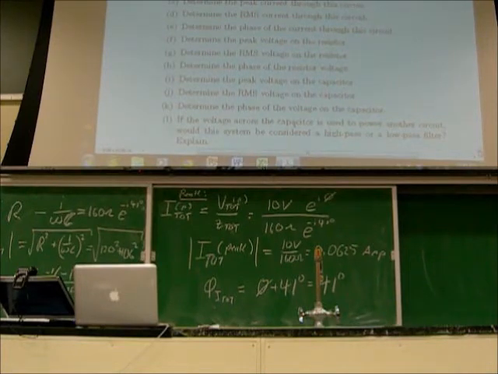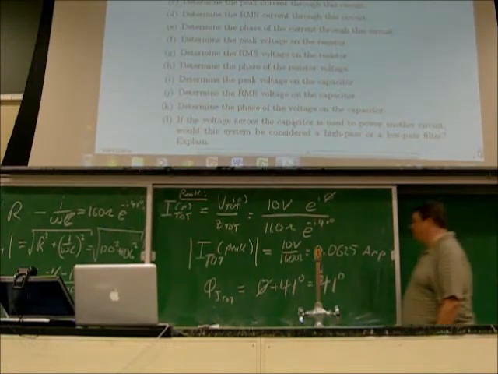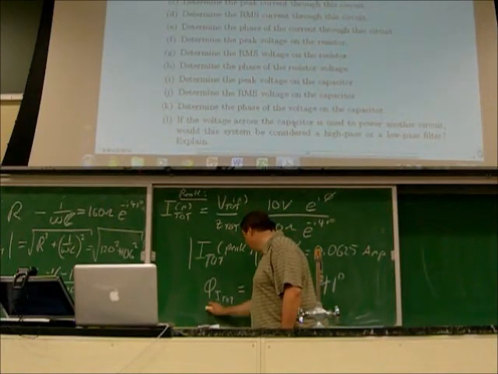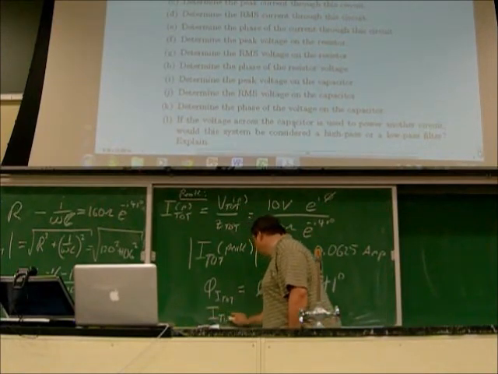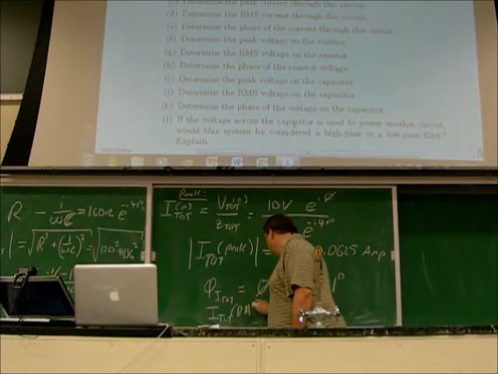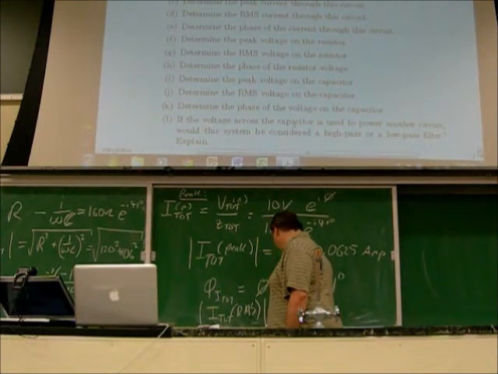Everybody good so far? Now, we seem to have answered part E having skipped by part D. What is the RMS total current? 0.0625 over radical 2. Yep.